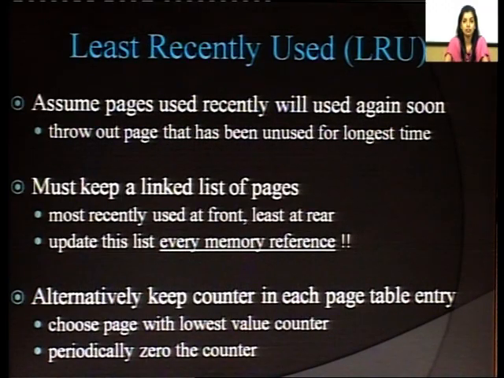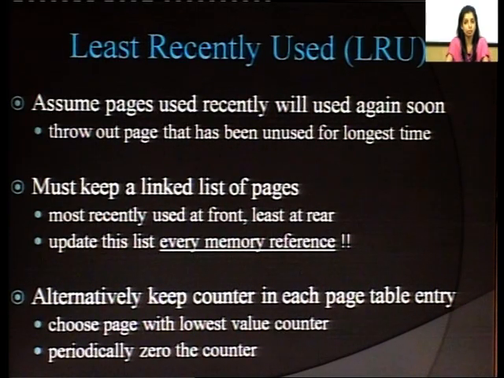Next, the least recently used algorithm. Assume a page used recently will be used again soon. Throw out the page that has been unused for the longest time. We must keep a linked list of pages, most recently used at the front, least at the rear, and update this at every memory reference.